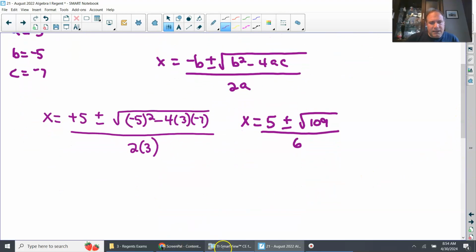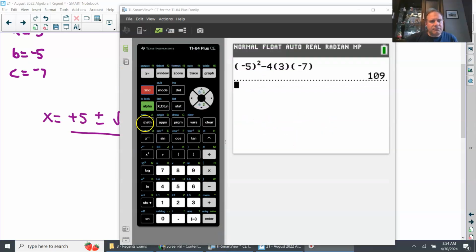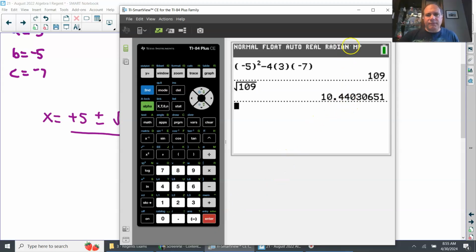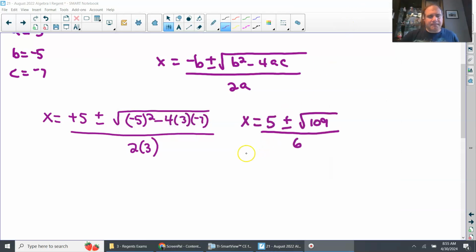So then I could take the square root of 109 and I'll get 10.44. And I'm not rounding yet, I'm rounding my answer. So x equals 5 plus or minus 10.44 over 6.